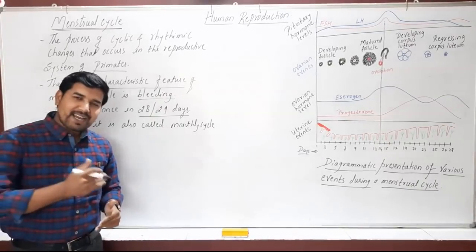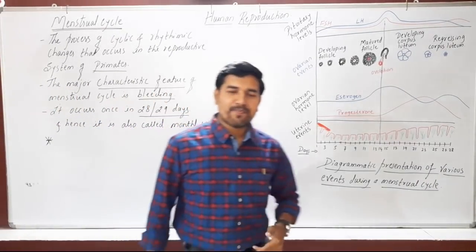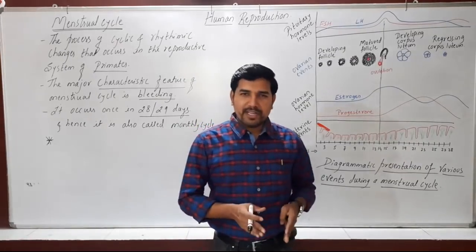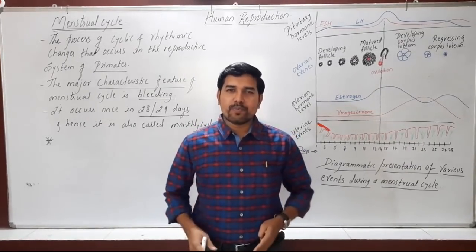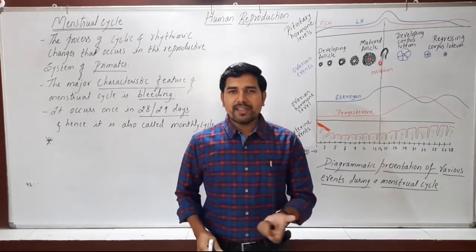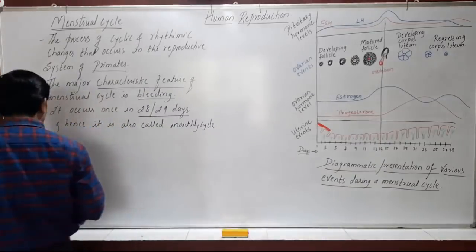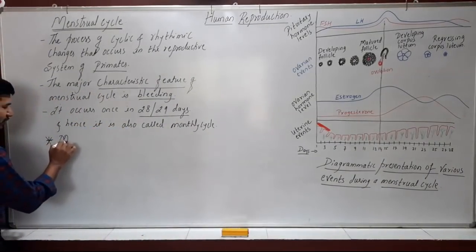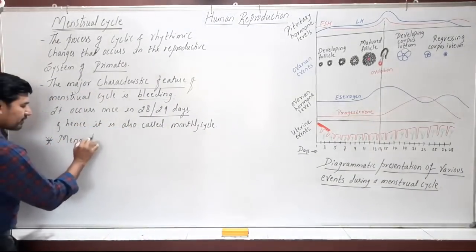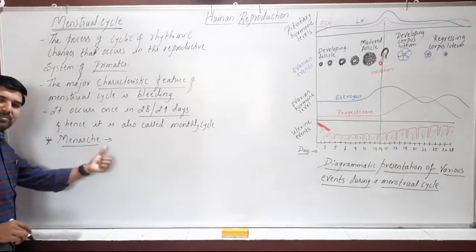Now some definitions. The menstrual cycle begins at the pubertal phase, the sexual maturity phase, which occurs at the age of around 10 to 13 years, and the first menstrual cycle we call menarche.